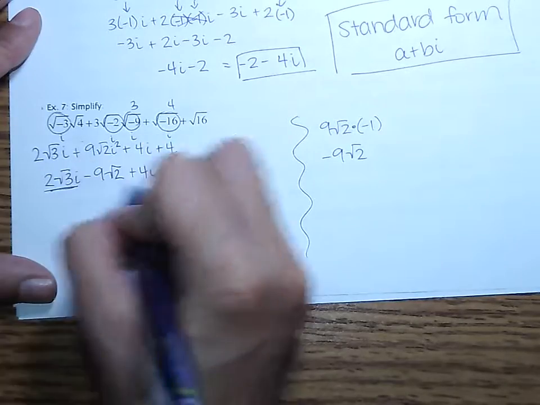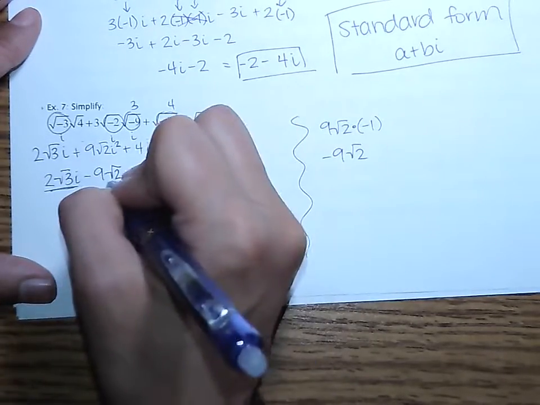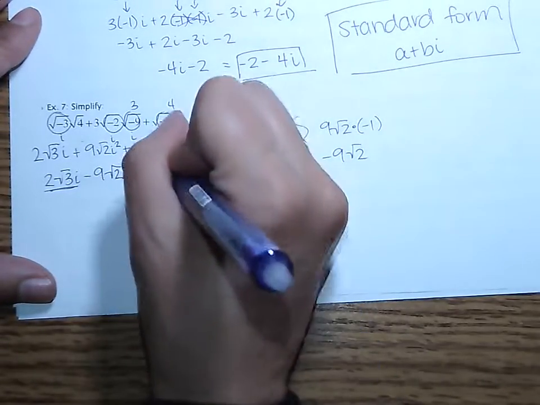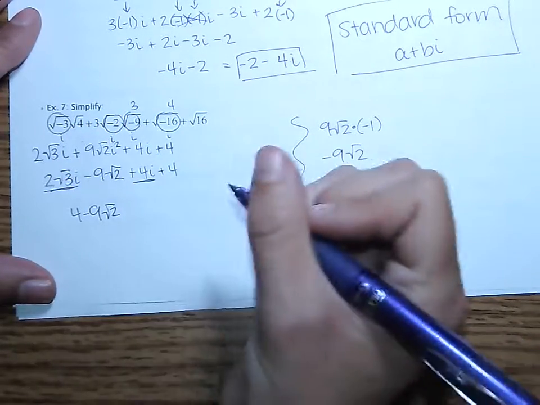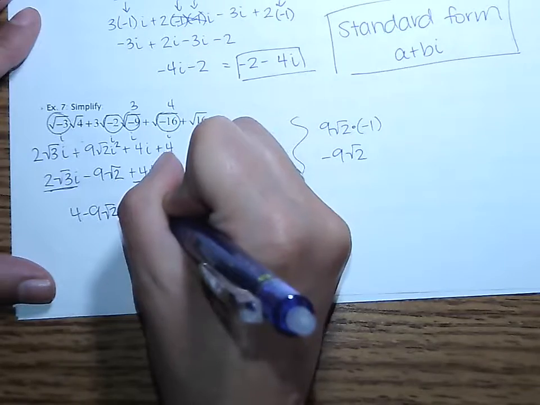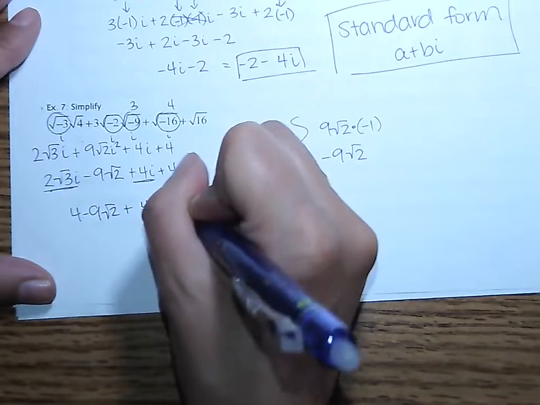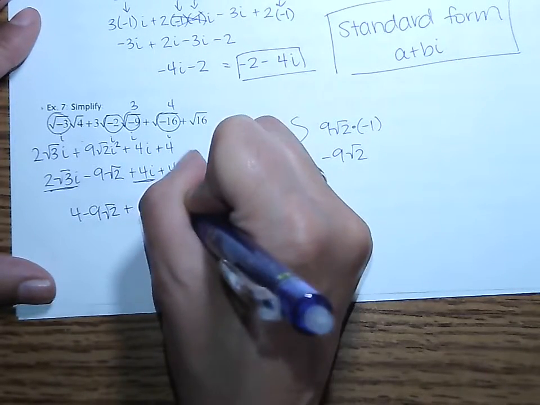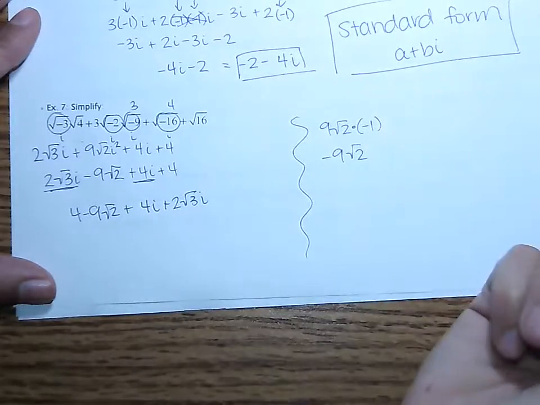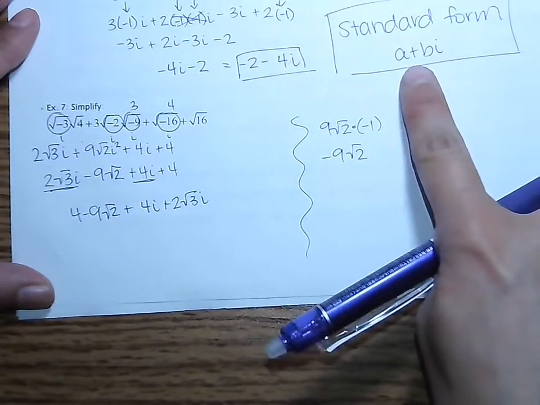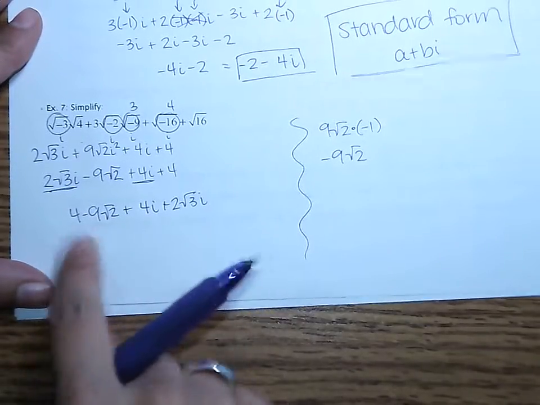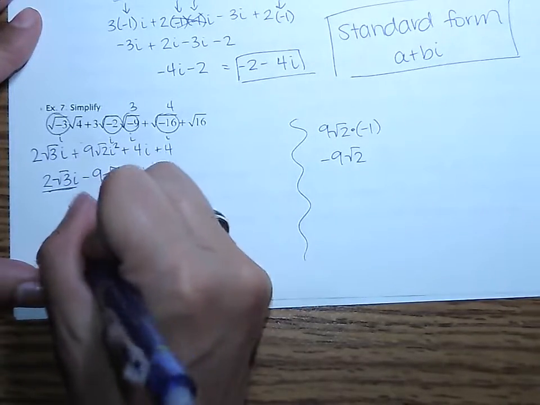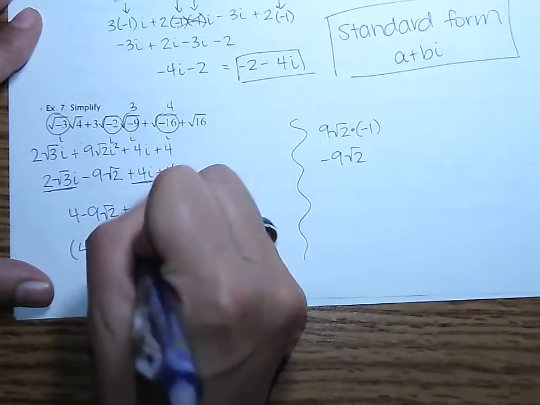I want to group together the i terms and the numbers without i. 4 minus 9 root 2 plus 4i plus 2 root 3i. Now, we always want it in standard form, so we want to be able to identify what is a and what is b. Well, in this case, we have two a's, but we can actually just rewrite it as grouped together.